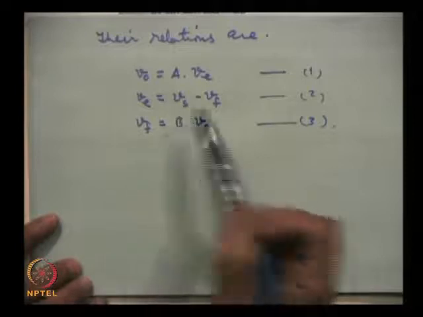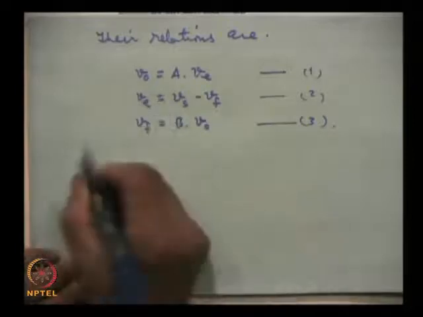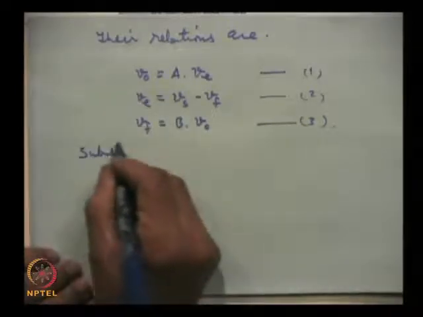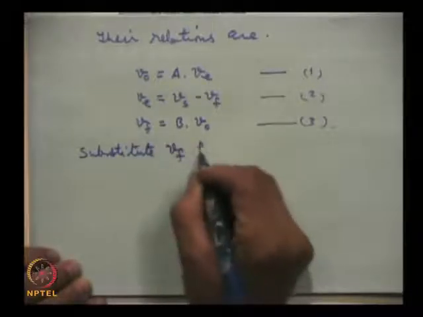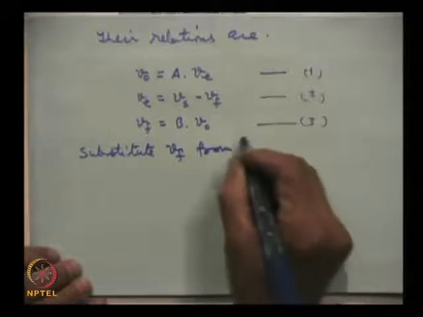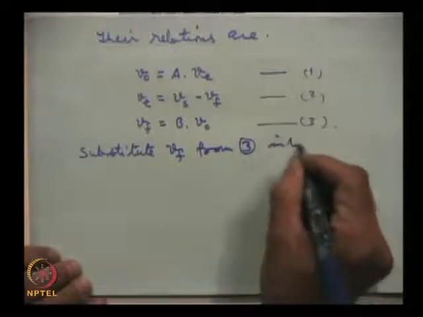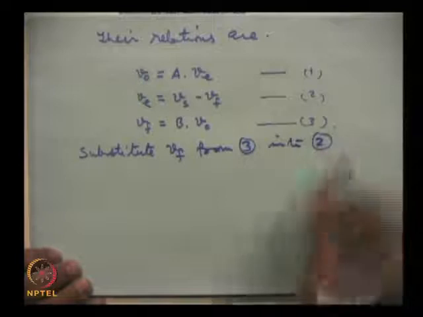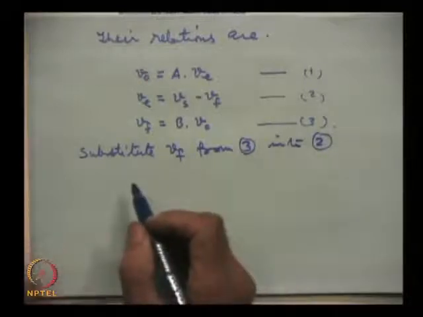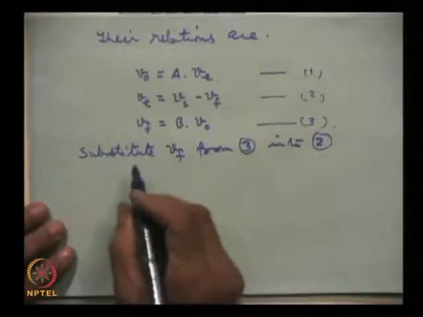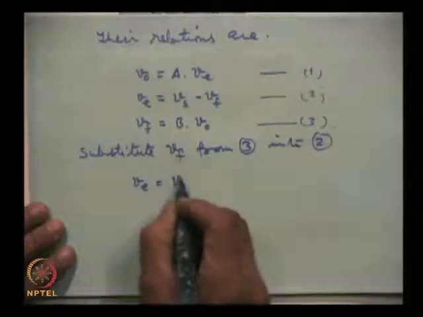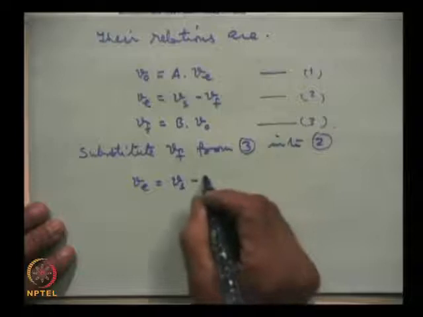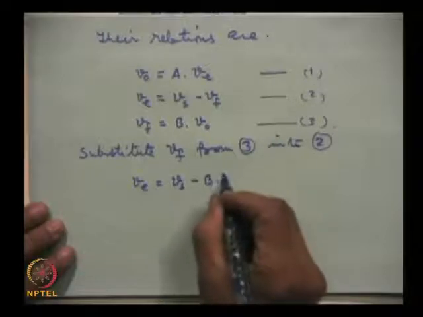Now, we substitute Vf from 3 into 2, then we get VE is equal to Vs minus B into V0.